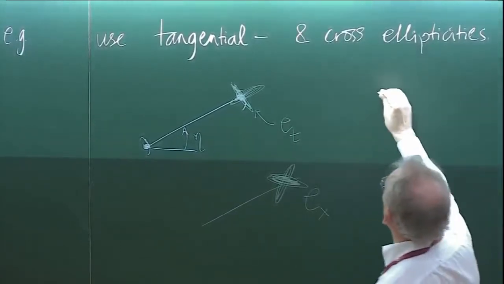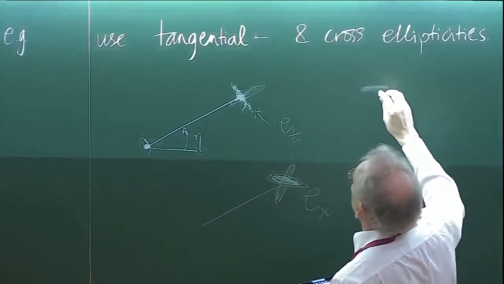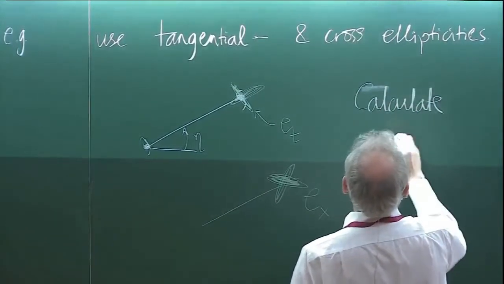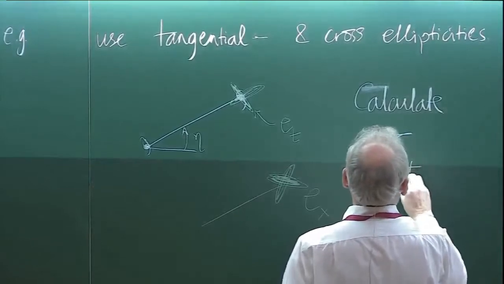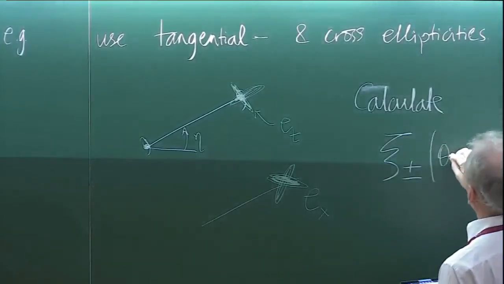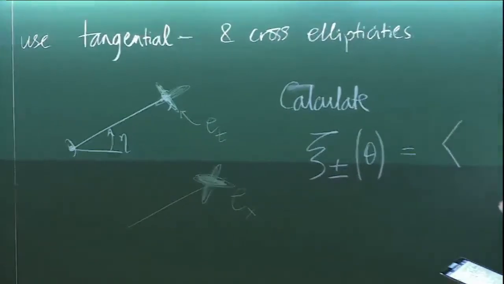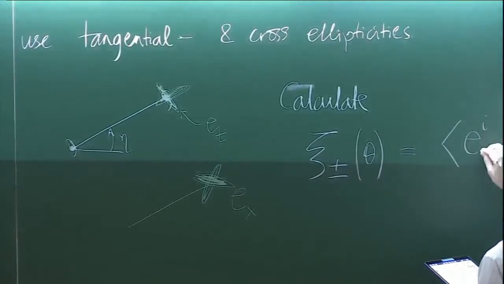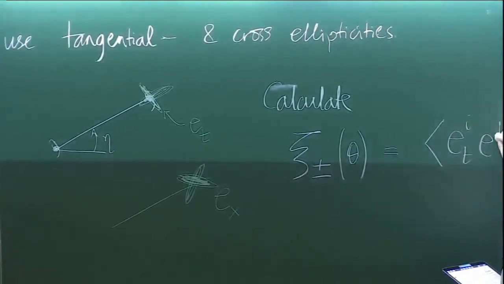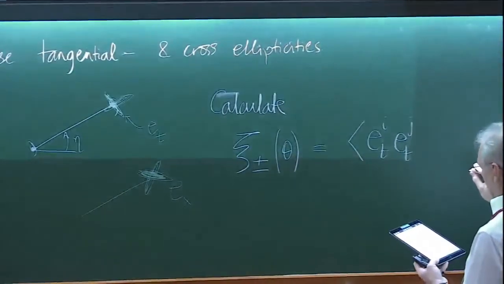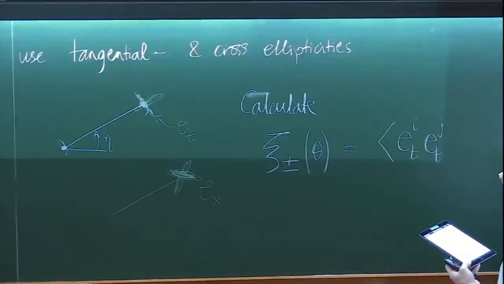And if you calculate two statistics, which are often called psi plus and psi minus, they're actually weighted averages of the tangential component of one galaxy multiplied by the tangential component of the other.